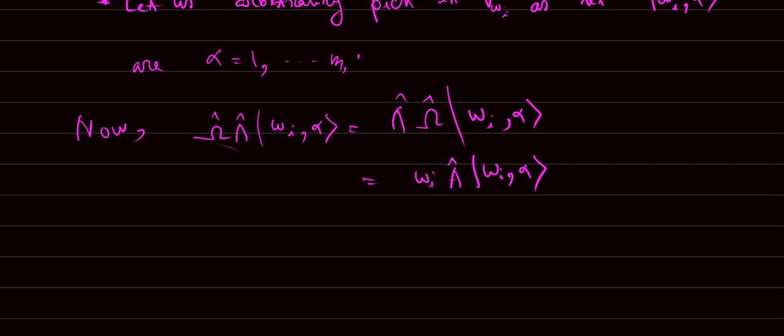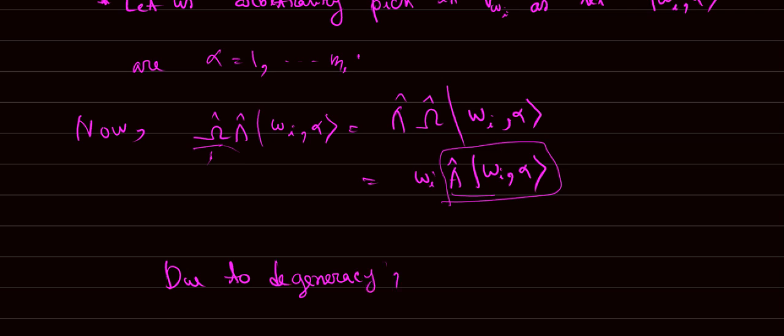So again we can say this is also an eigenvector of our lambda operator. So due to degeneracy, this is not a single vector, there are multiple vectors. So due to degeneracy, alpha lies in V_I, our subspace V_I.